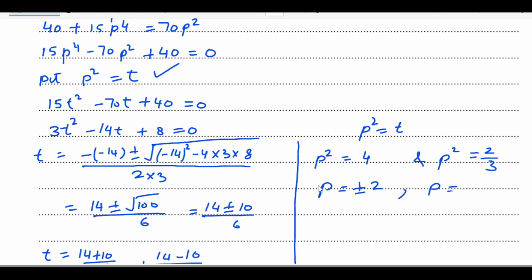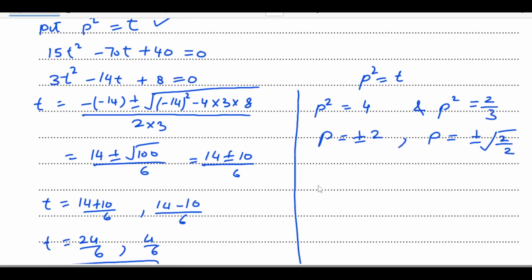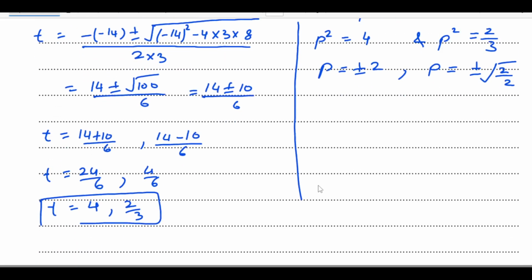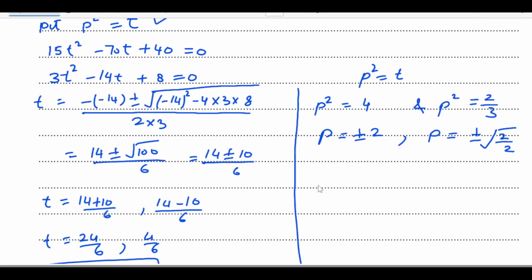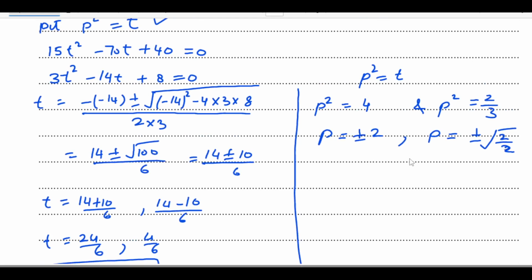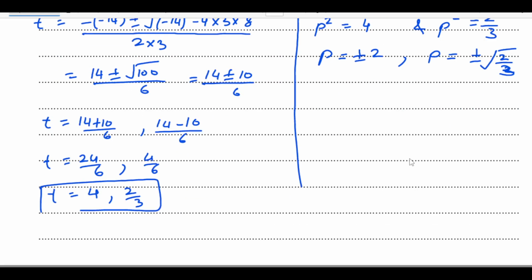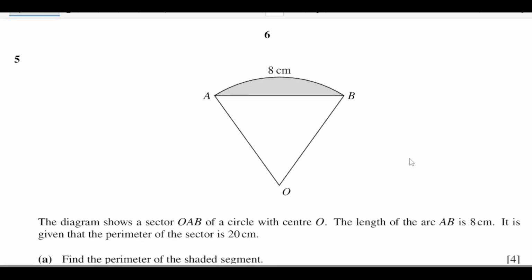From here we will get p is plus minus square root 2 over 3. Yeah, so that's it for this question.